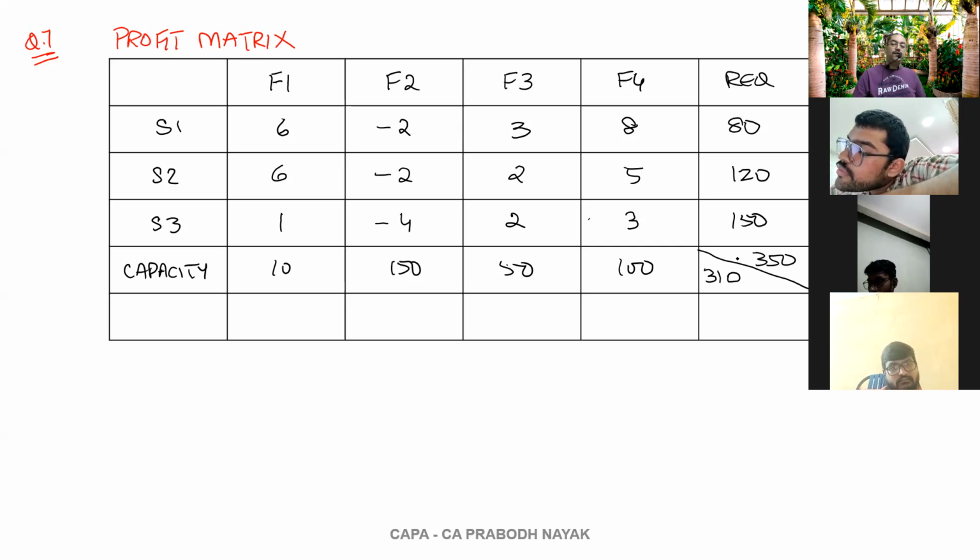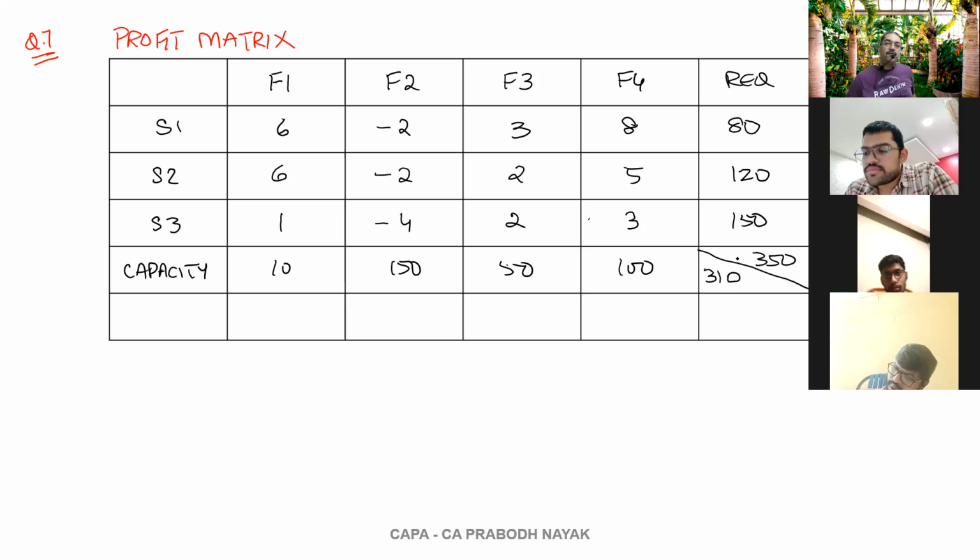Okay. Now how to do this? For doing this, we'll have to first locate which is the highest number. In the entire cells now, the highest number is 8. From this 8, you minus all the other elements. Continue the same part.